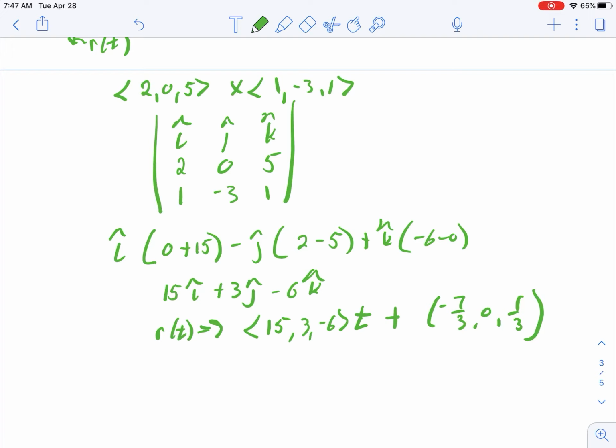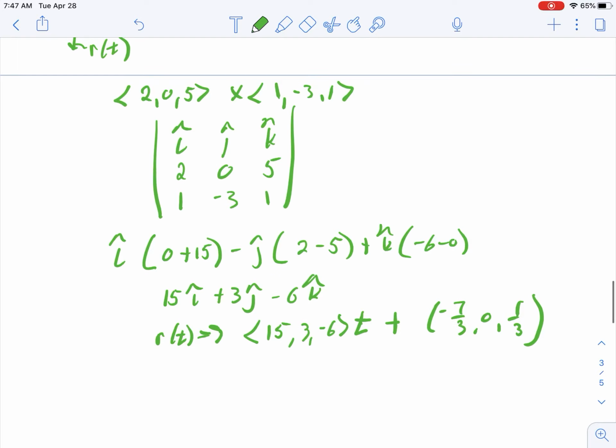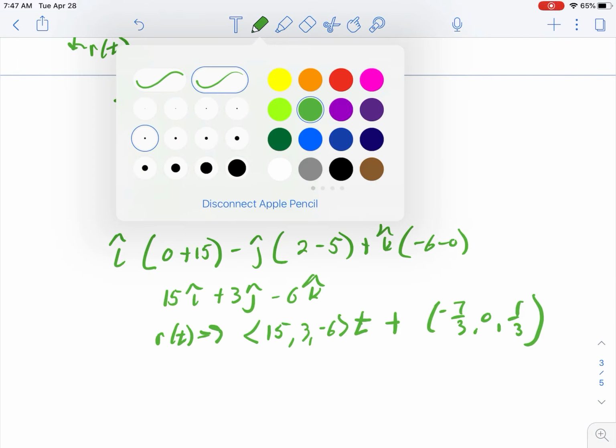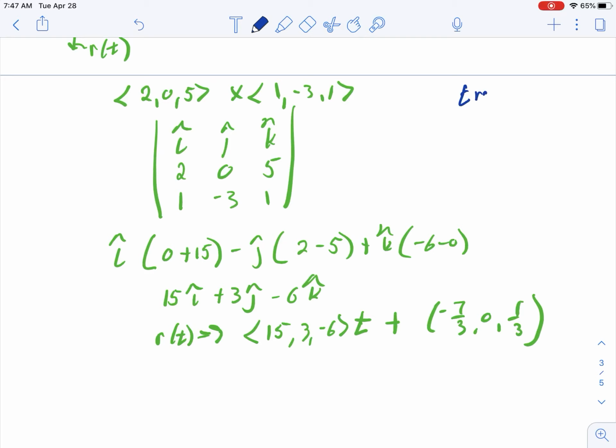Okay, a couple things to point out before I forget. If you go through and find your traces, okay, so we're talking about the traces, if you go through and solve, and let's say everything cancels out and you get 0 equals 0, that would mean that the lines, they are one and the same.